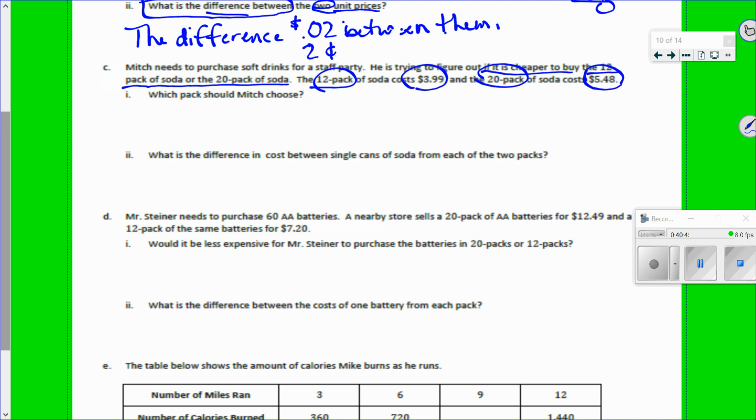Mary. So I'm going to put money and then the number in the pack. So I'm going to put $3.99 over 12, right? And then what?